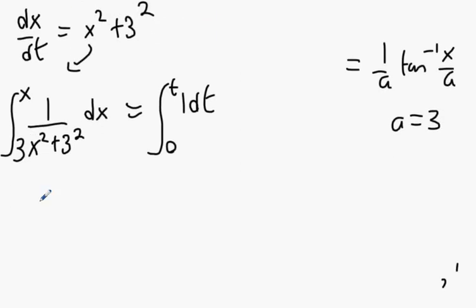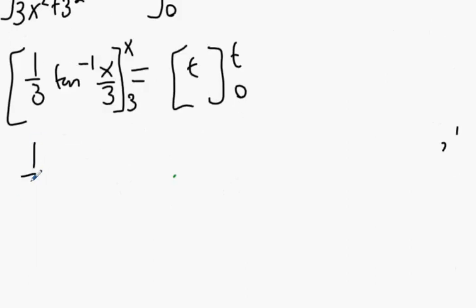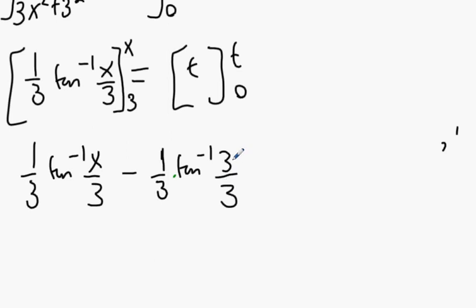1 dt. Integrate. 1 over 3 tan inverse x over 3 equals, after that, t from t0, and I obviously forgot my limits over here as well. What's it? X and 3. Let's go with this. 1/3 tan inverse x over 3 minus 1/3 tan inverse 3 over 3.